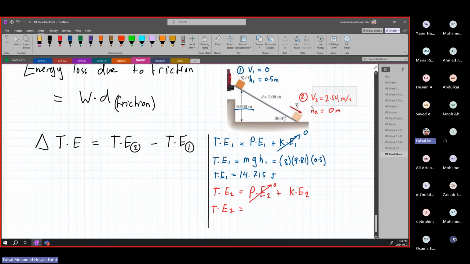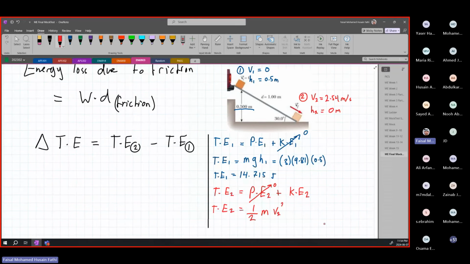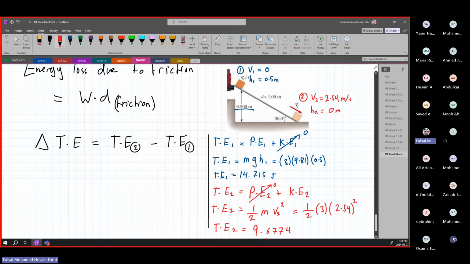And we have a velocity, so we have a component of kinetic energy, which is half mv2 squared, or half the mass of 3 times the velocity of 2.54 squared. So total energy 2 is equal to half times 3 times 2.54 squared, which is 9.6774 joules.